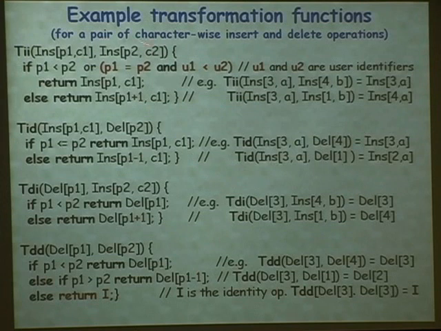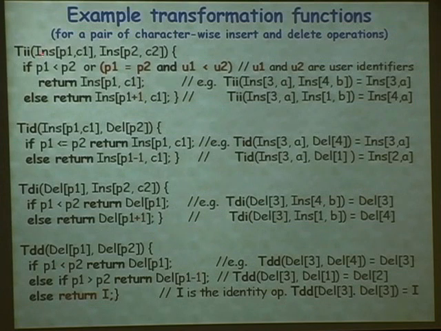In this context, we deal with single character editing. And I should point out, all text editors can be based on these two primitive operations. In other words, this slide contains the full set of transformation functions for plain text editing.